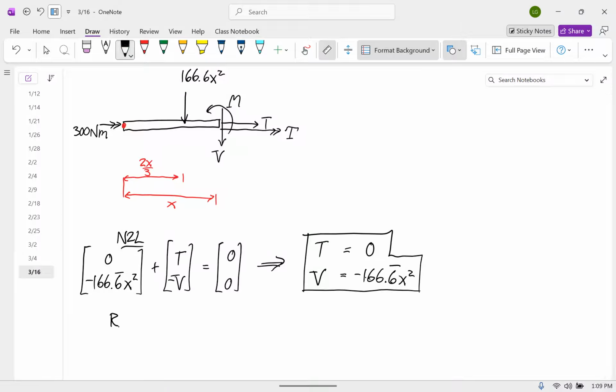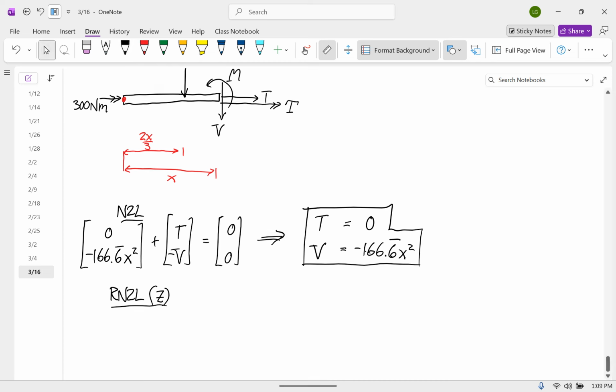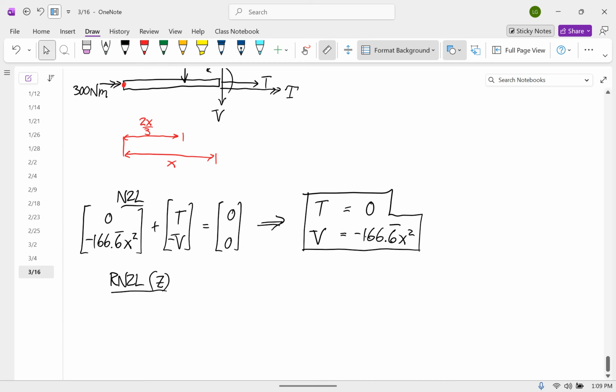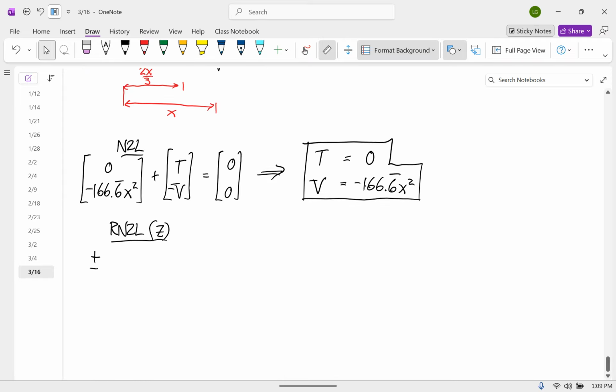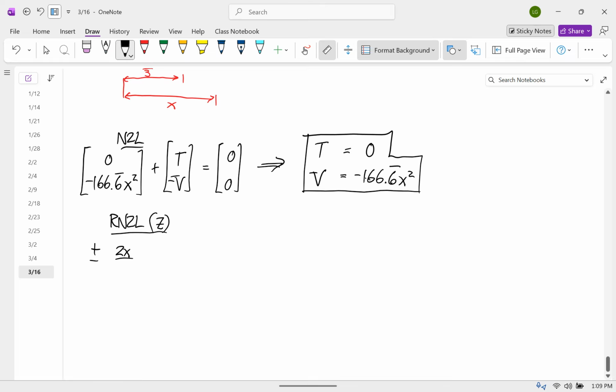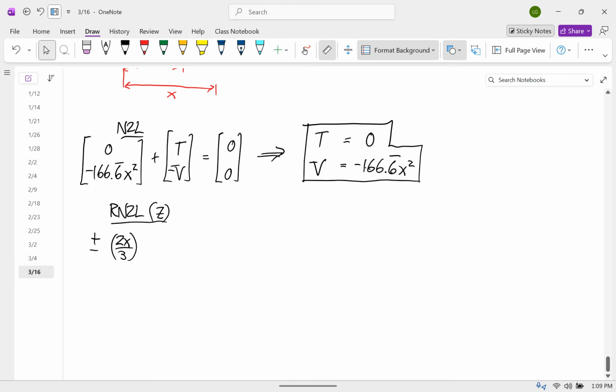And then the moment equation about the z-axis. So we have a moment arm of 2x over 3 times a force of 166.6 repeating x squared.